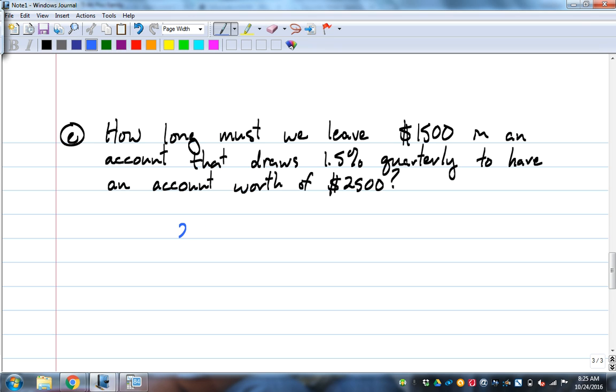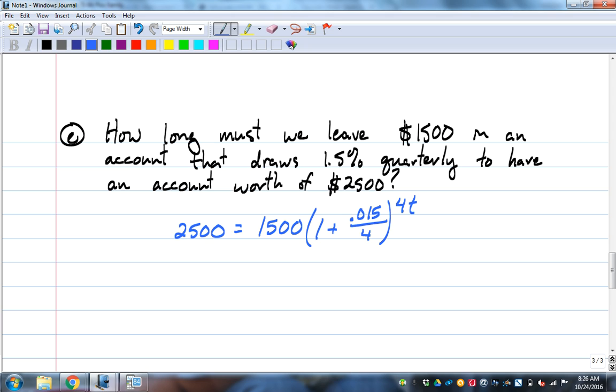So setting up your problem, $2,500 is the final amount. We do know the principal this time, 1,500, and 1 plus interest rate 0.015. Quarterly is 4 times a year, but we don't know the time. This is why this is in this chapter with all the logs. We have a situation where the variable's in the exponent, which is more like what we've been doing this chapter.